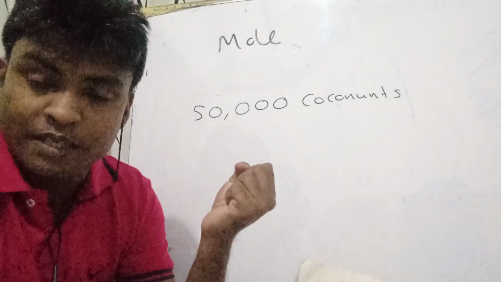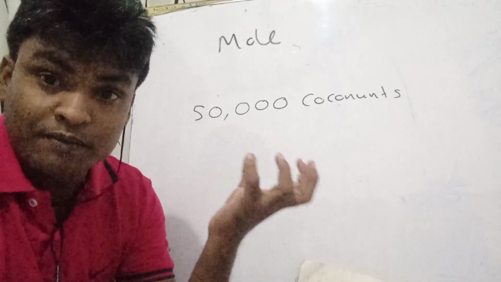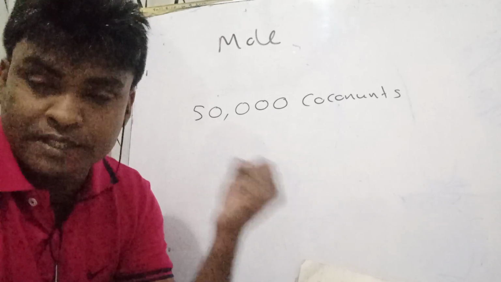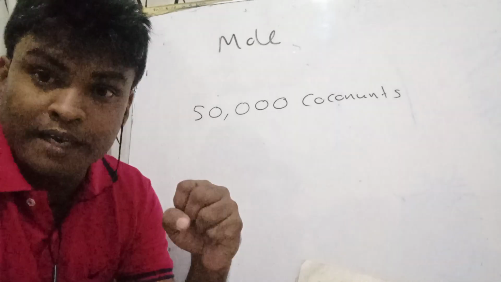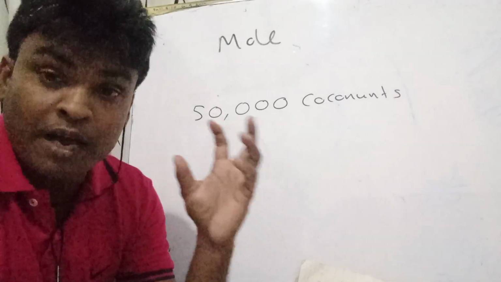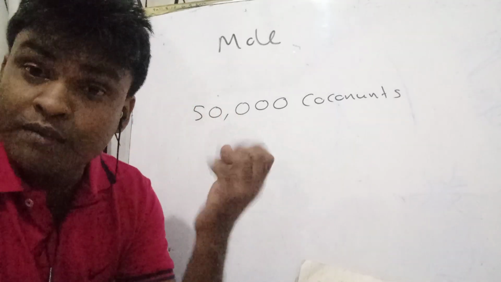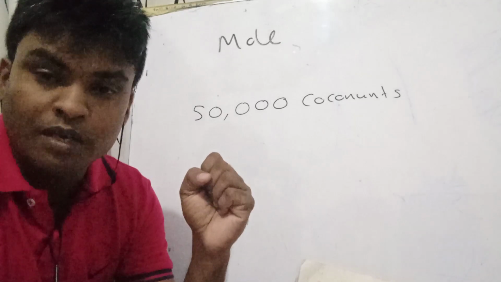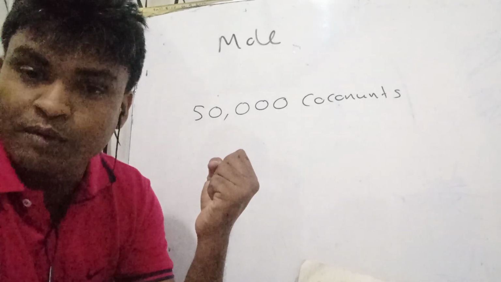That is not convenient. So pair is a convenient unit in a coconut estate. Why do I say like that? Because counting pair by pair, it's only 25,000 times we count. Otherwise, we have to count 50,000 times.